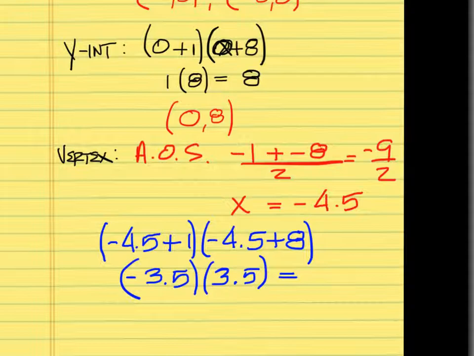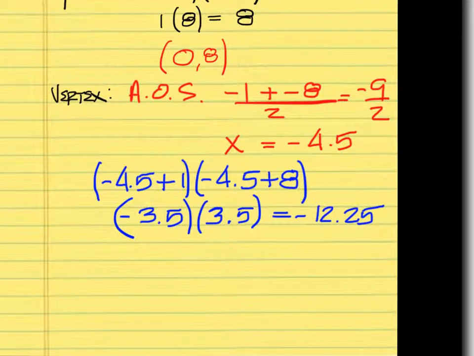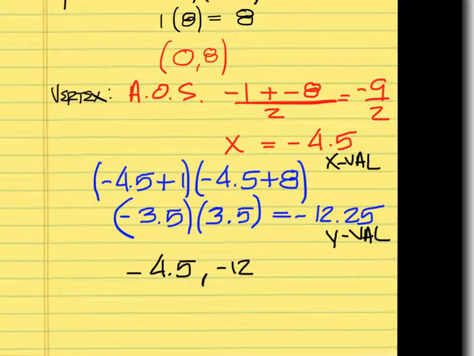You multiply those two together and come up with -12.25. So combine this x value with this y value and come up with the vertex, (-4.5, -12.25). It is an XY point.